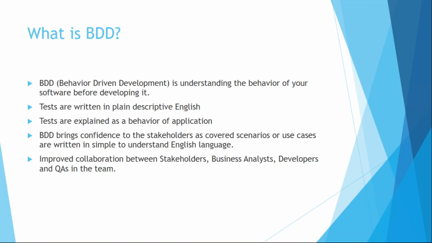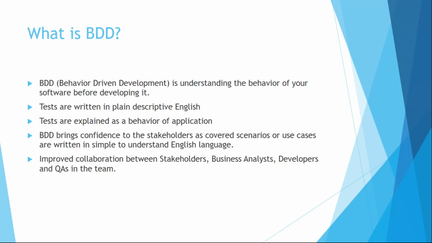Let's take another example. Let's say you are automating the Guru 99 application, and in that you have to add a customer. So for your stakeholders, what is the behavior, the scenario, or the use case? Your use case is that your manager should be able to add a customer in my application. So how will I write that scenario?